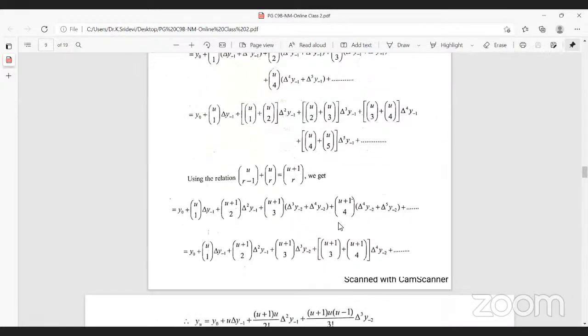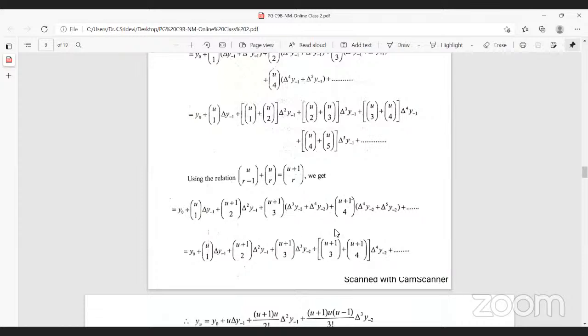So after getting this expression, y naught, u1 delta y minus 1, u plus 1 2 delta square y minus 1 plus this expression. From this one, you can take common delta power 4 y minus 2. This term is common from both terms, this one and this one. Now you take common delta power 4 y minus 2, you can get u plus 1 3 plus u plus 1 4.